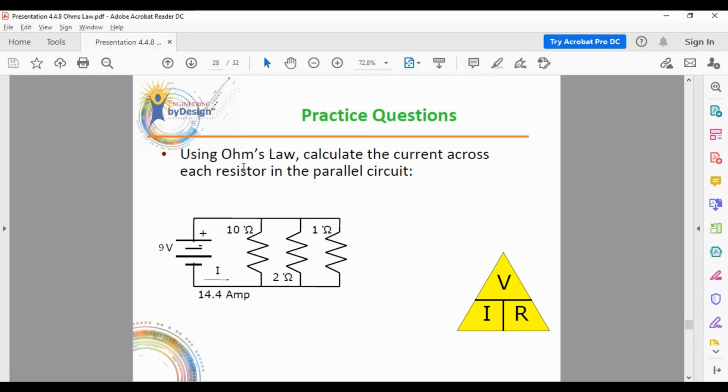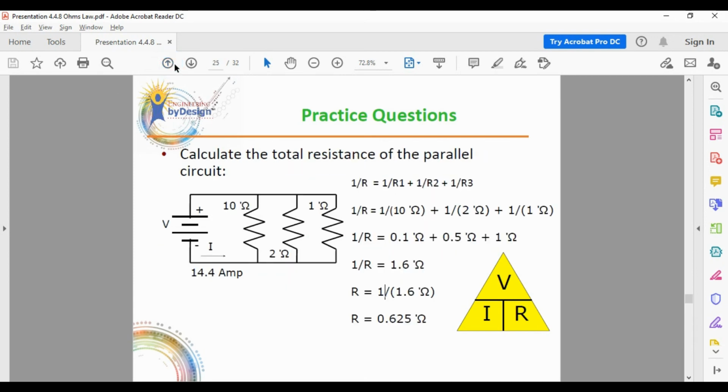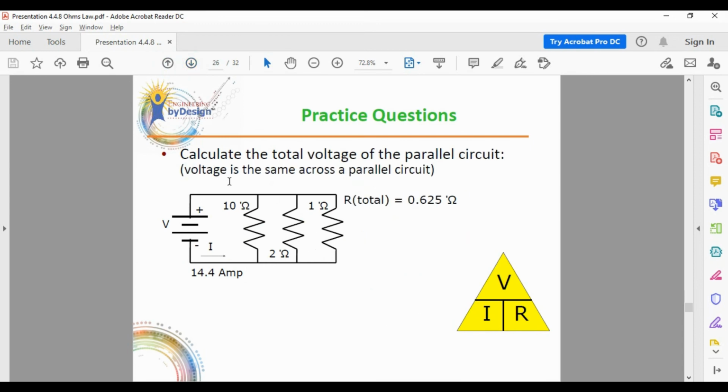Now we want to calculate the current across each resistor in the parallel circuit. So remember, voltage is the same. You have to go back up. Let me go, where was it? Right here, voltage is the same across a parallel circuit.